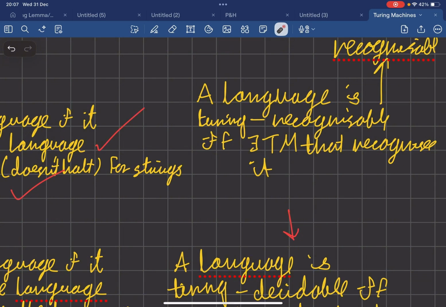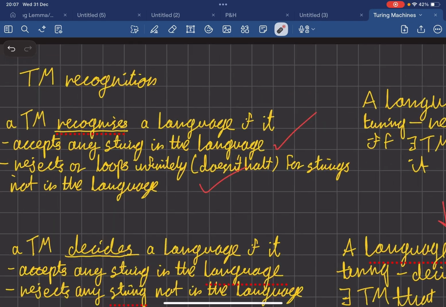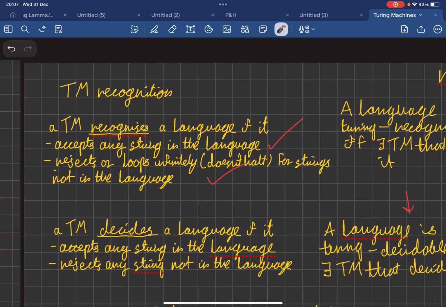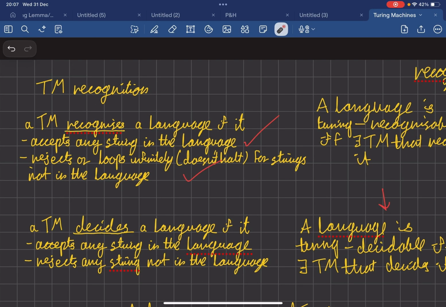So because we're trying to show a Turing machine recognizes the language, we have to satisfy these conditions. So we'll have to show that the Turing machine accepts any string in the language and halts, and rejects or loops infinitely for strings not in the language.